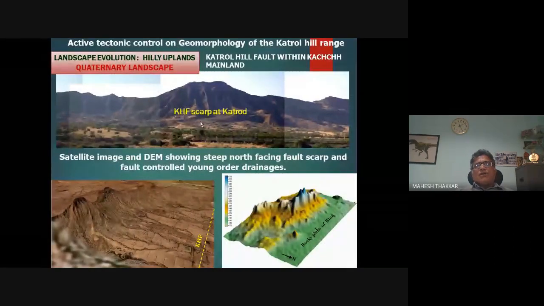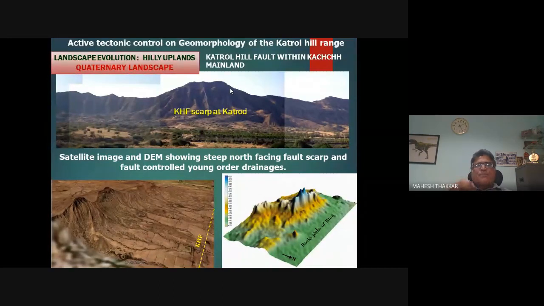Now, the neotectonic signatures, as you know very well, neotectonic is the broad terminology for the quaternary period's tectonic activities, and the quaternary period's tectonic movements are not much preserved in a very active environment.